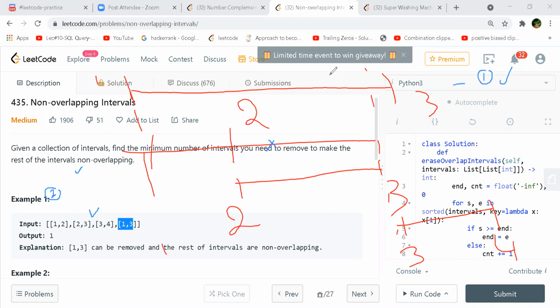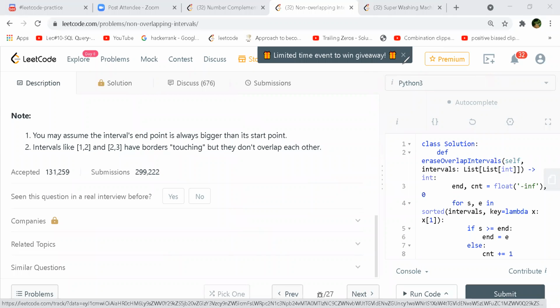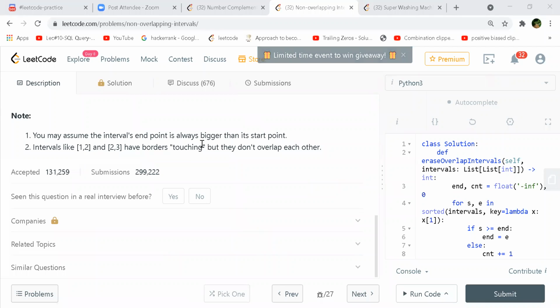And the constraints don't say anything about how big the interval size is going to be, or how many intervals are in the input array. They're just talking about the endpoint. The endpoint will always be bigger than the start, right?